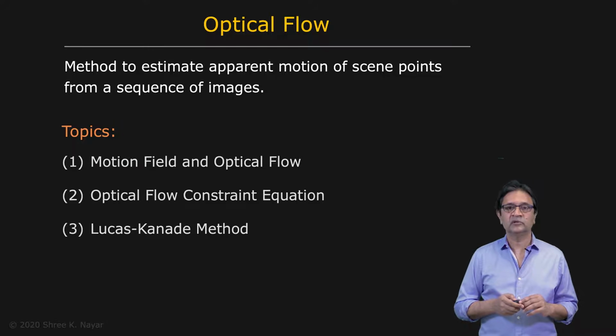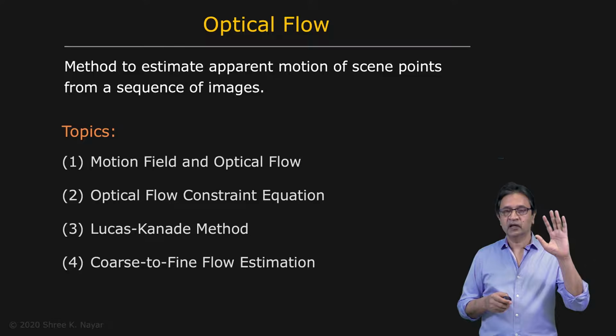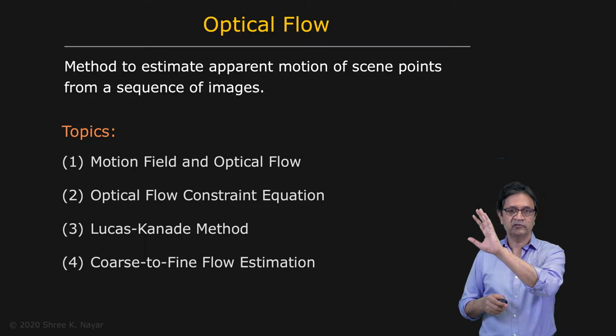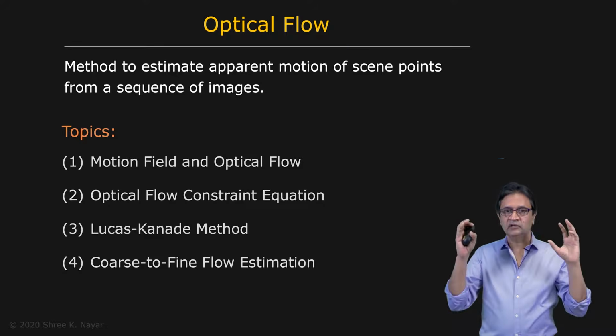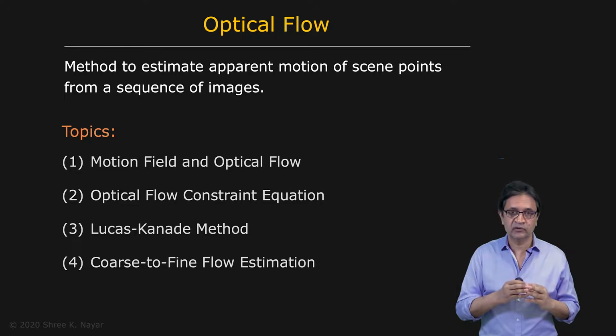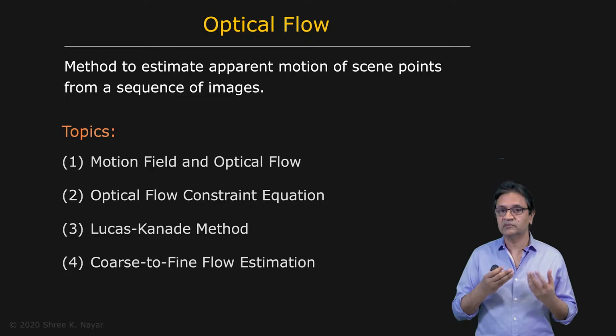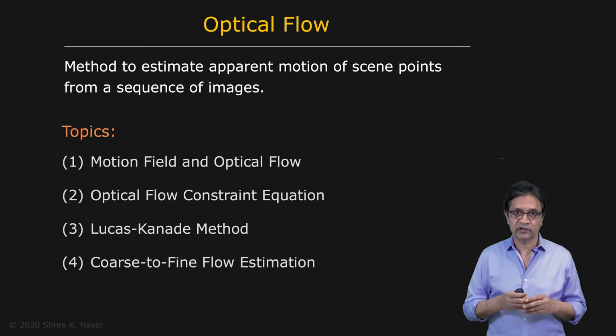Then we'll talk about the problem of large motion. Let's say you have an object right here, and then it suddenly moves to a very different position. The motion is substantial enough that we can't directly use the optical flow constraint equation because the optical flow constraint equation is based on local derivatives of the image.